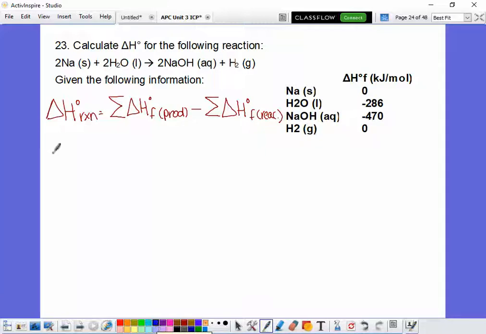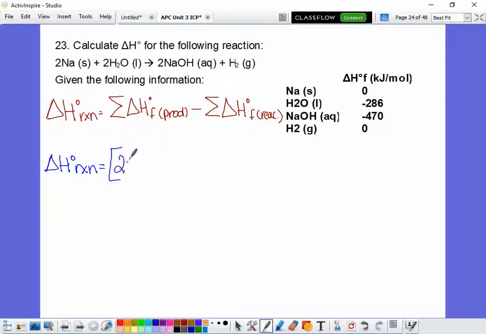So to find the delta H of reaction for this reaction, we're going to take the sum of the products of their delta HF values. We have sodium hydroxide, which is negative 470. But this negative 470 is for one sodium hydroxide. How many sodium hydroxides do we have? 2. So don't forget to multiply by the coefficients from the balanced chemical equation.